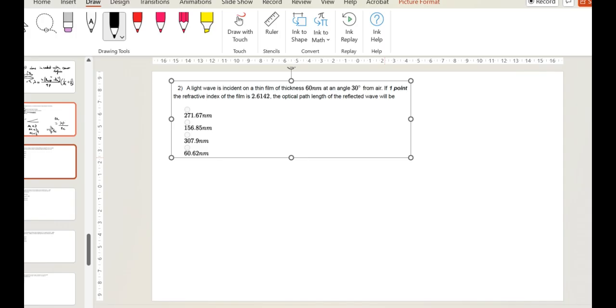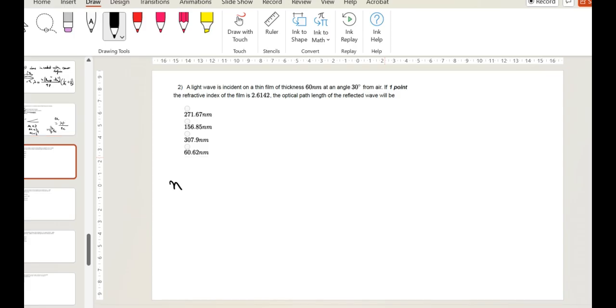The second question is a light wave incident on a thin film of thickness 60 nanometer at an angle 30 degree from air. So n1 is 1. Sine theta i is sine 30 degree, just 0.5.